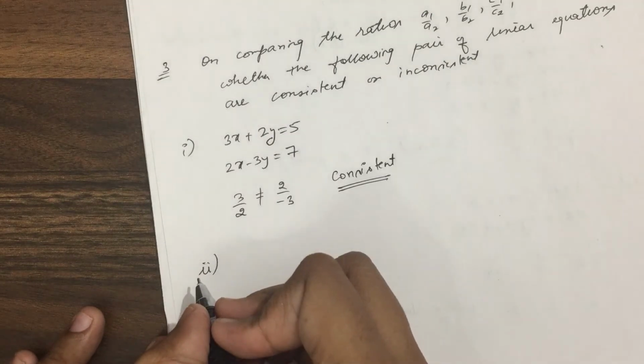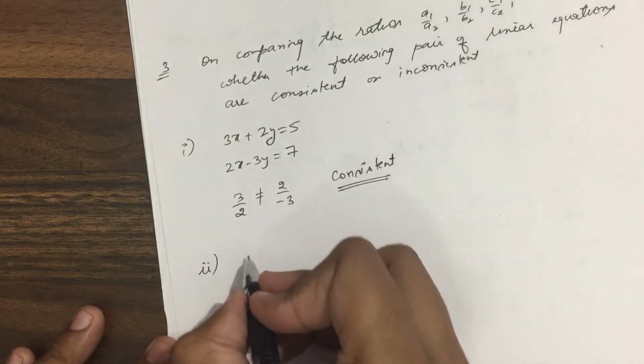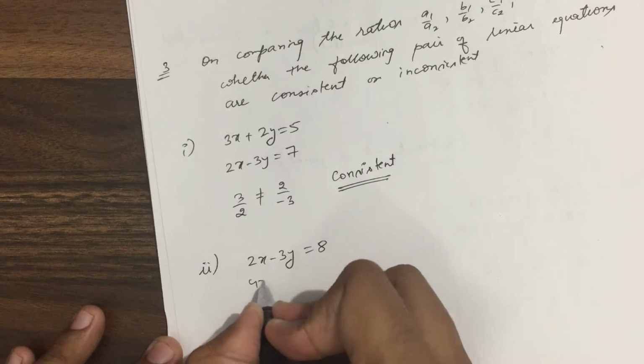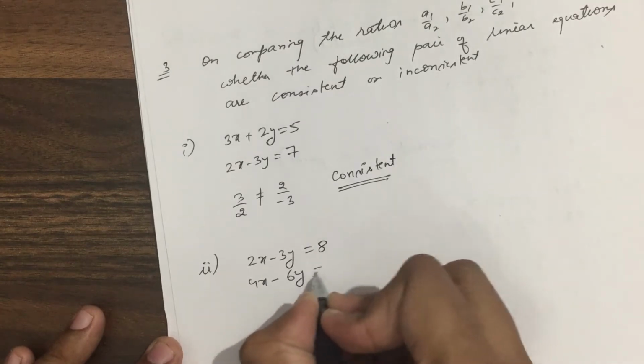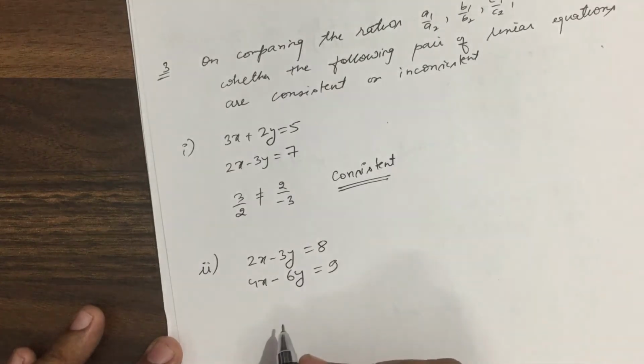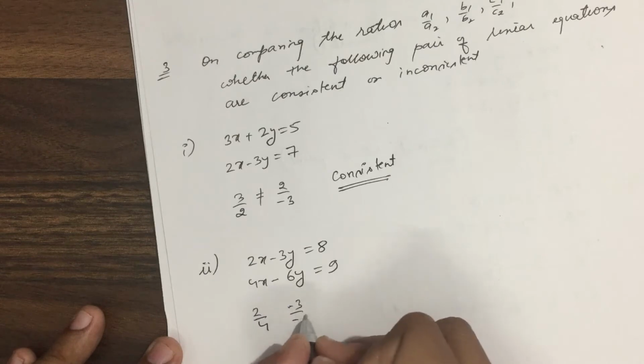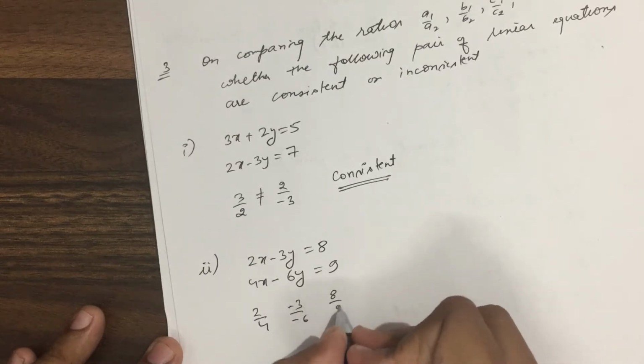Okay, now let us take the second part. It says 2x minus 3y equal to 8 and the second one is 4x minus 6y equal to 9. Let us start comparing the ratios. 2 upon 4, minus 3 upon minus 6, 8 upon 9.